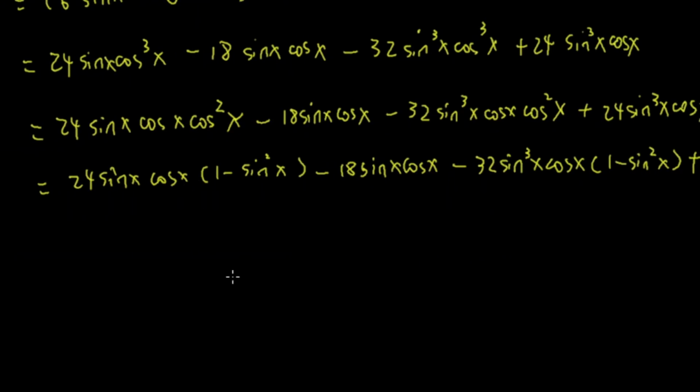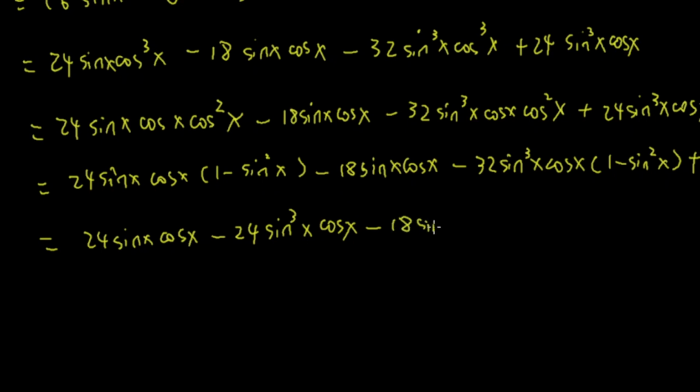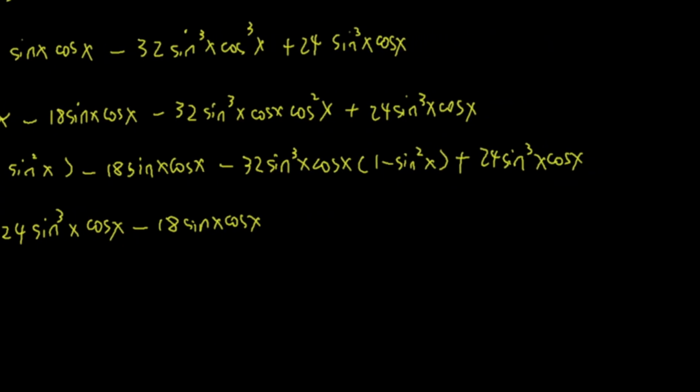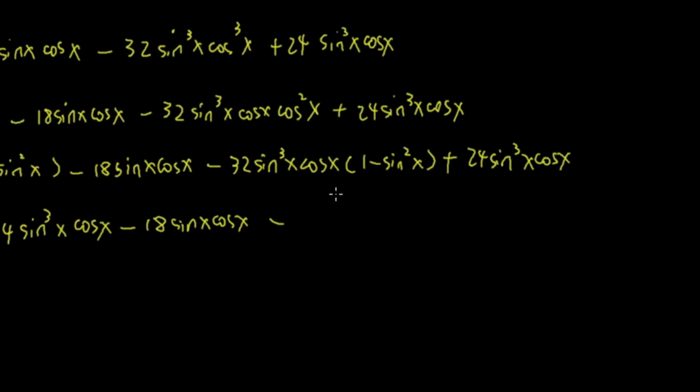Okay, let's distribute. This will be 24 sine x cosine x minus 24 sine cube x cosine x. Now minus 18 sine x cosine x minus 32 sine cube x cosine x.